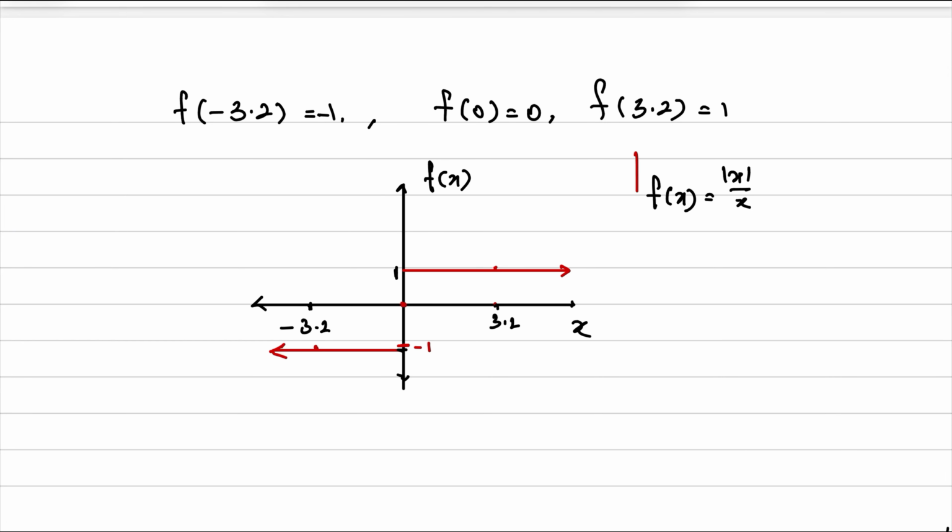The reason being, for x is equal to negative values, the function x is negative, minus 1. And for x is equal to positive values, the function x is positive, plus 1. Please try to understand this equation, why it has come.